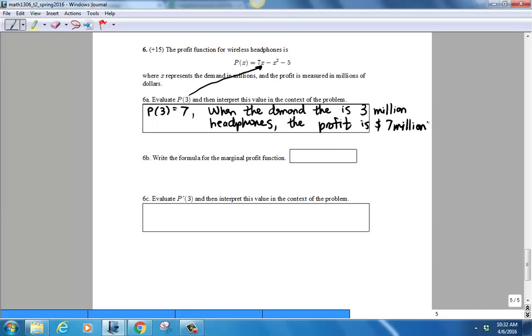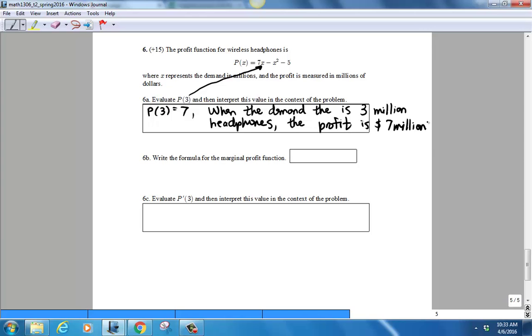Is it just that the zero threw you off, or the negative profit threw you off? Profit can be negative. I wish it were always positive, but if profit were always positive, we'd all be flying our own private jets, right? Sometimes people lose money, okay? So just keep that in mind, all right?